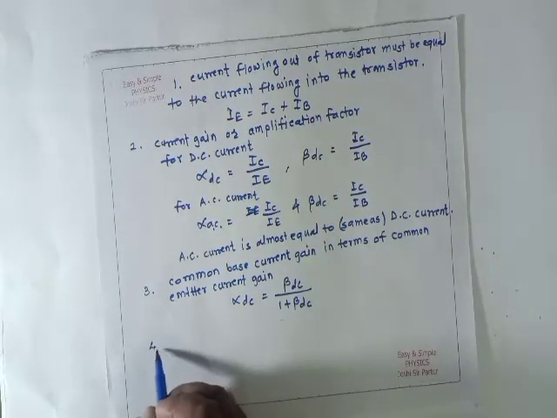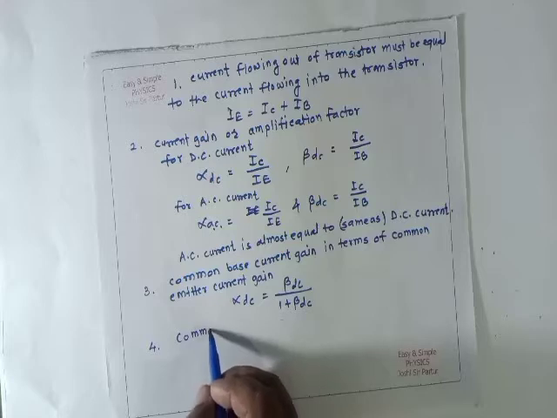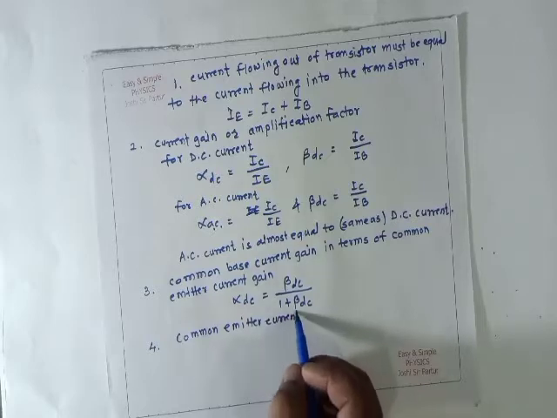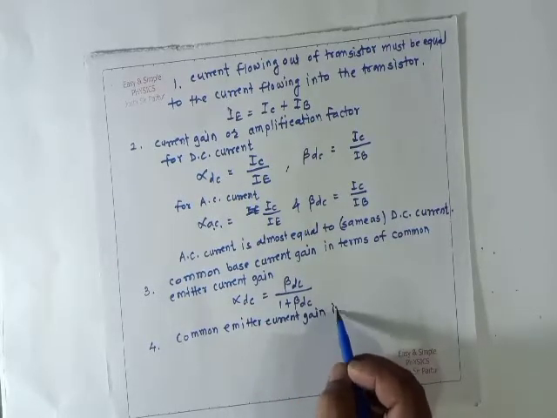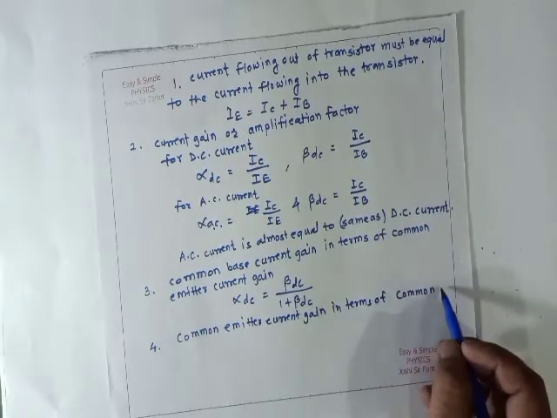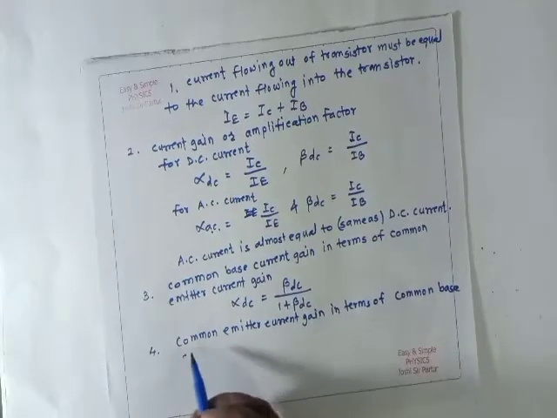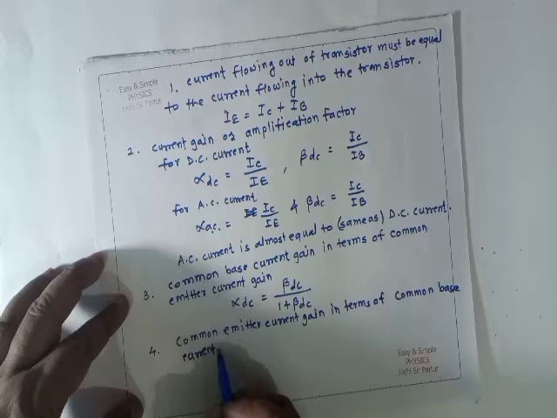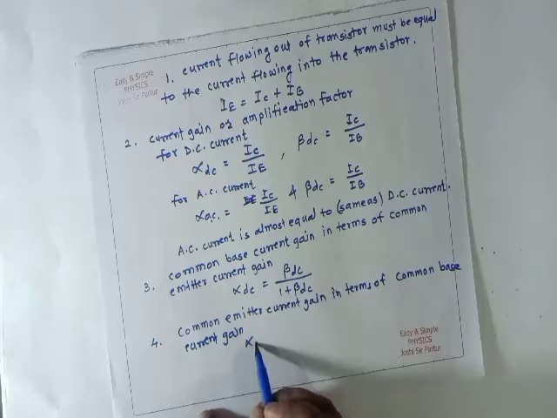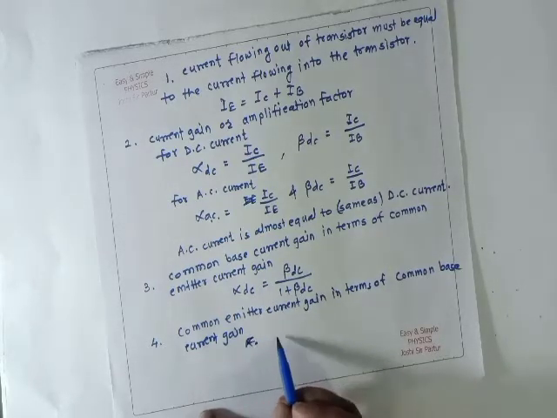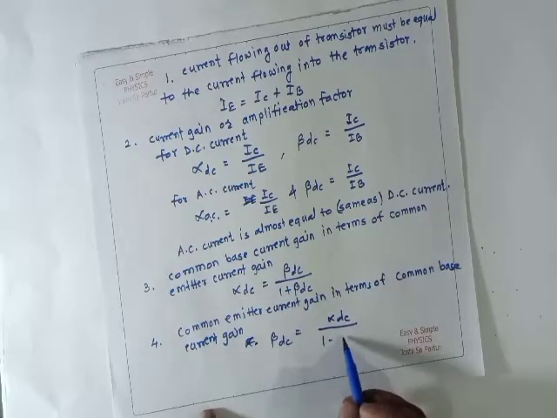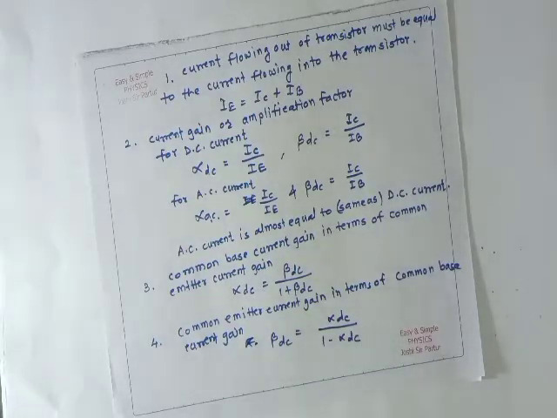And the fourth will be the common emitter current gain in terms of common base current gain, which is beta DC equal to alpha DC upon 1 minus alpha DC.